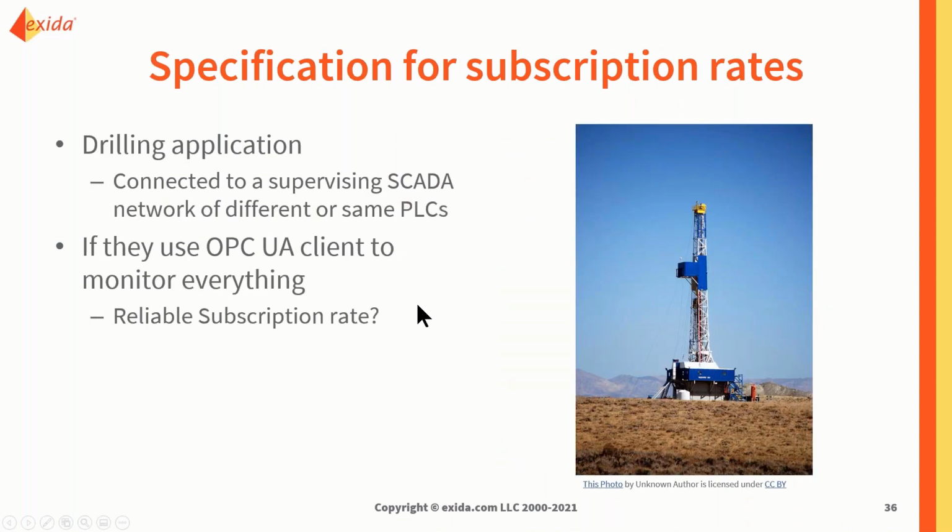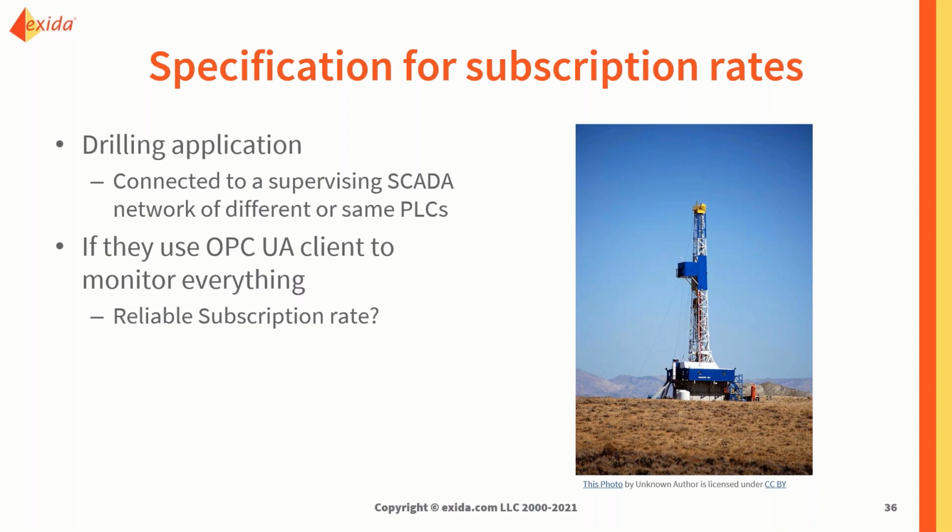And what I see, the problem is that a lot of the companies or operations out there do not really specify a particular subscription rate. So for example, let's imagine a drilling application. For a drilling application, you have a connected framework of a big SCADA system network to overlook a lot of different PLCs of either the same brand or different make.